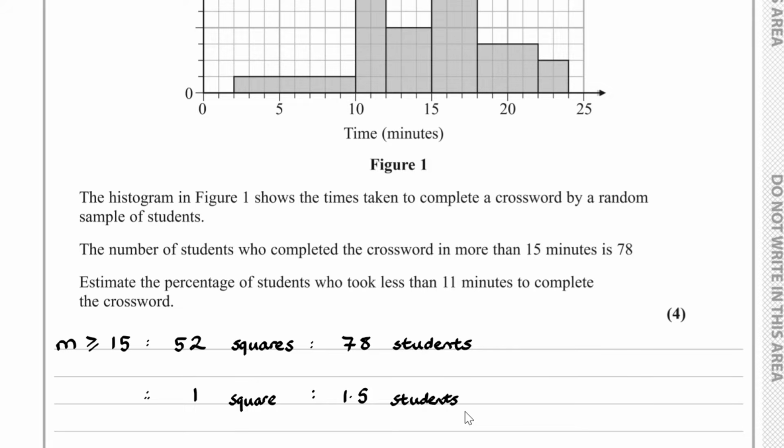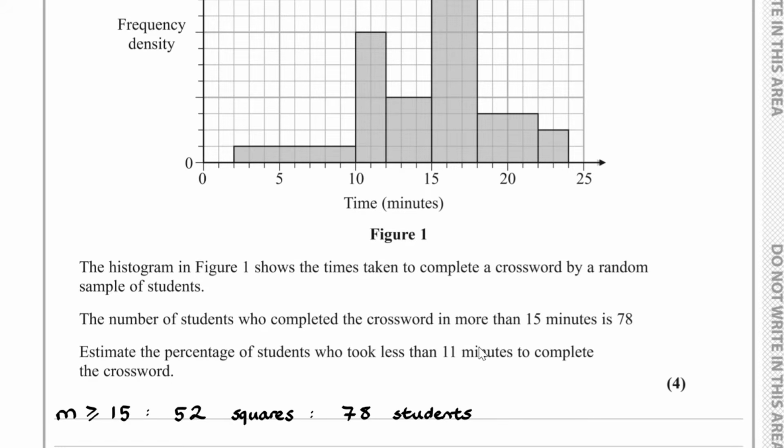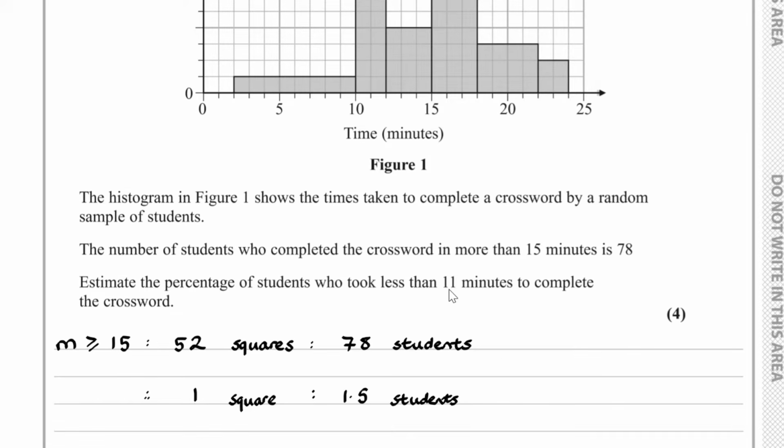And with this, we can find out the number of students who took less than 11 minutes to complete the crossword. Now, less than 11 minutes, we have 1, 2, 3, 4, 5, 6, 7, 8, 9, 10, 11, 12, 13, 14, 15, 16. We have 16 squares, which represents the number of students who took less than 11 minutes to complete the crossword.